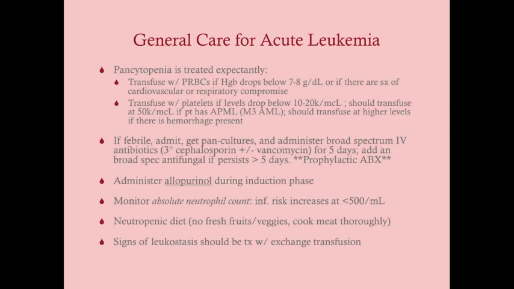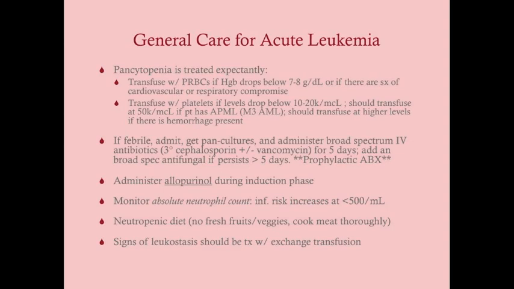And you don't really necessarily need to know this for the USMLE, but a lot of oncologists will treat their leukemic patients prophylactically with antibiotics, Bactrim, nystatin, and that's more for the oncologist to do. During the induction phase, all patients should be getting allopurinol, and allopurinol will prevent tumor lysis syndrome, which, remember, what the chemotherapeutics do is they destroy cells.